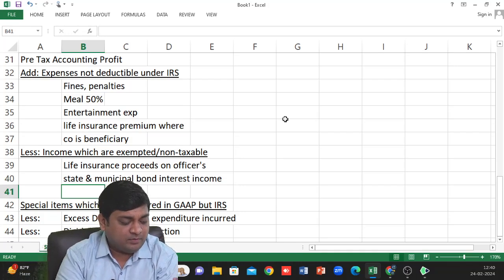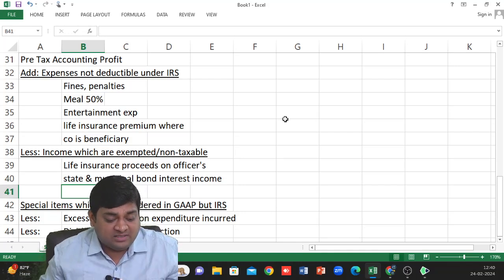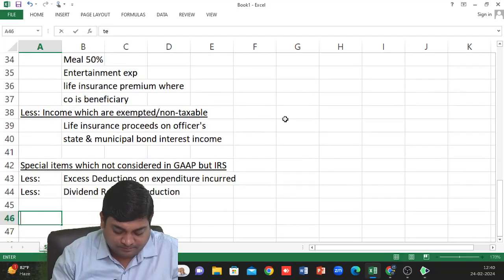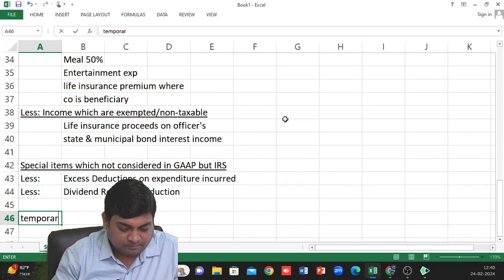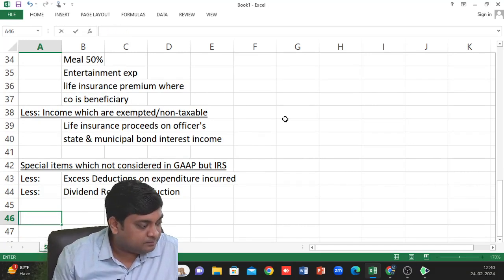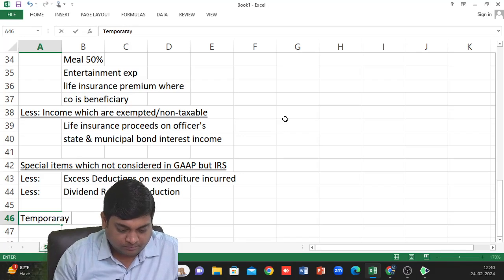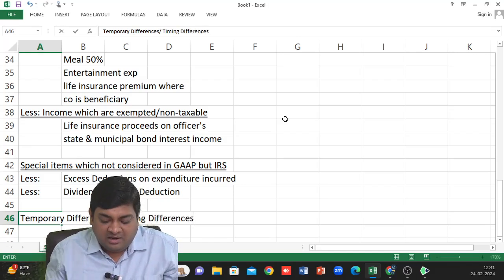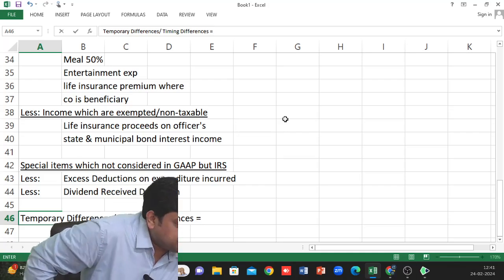Right? Now we will talk about temporary differences. Temporary difference is also known as timing difference.